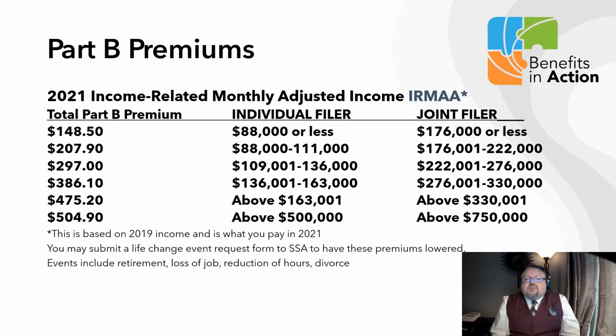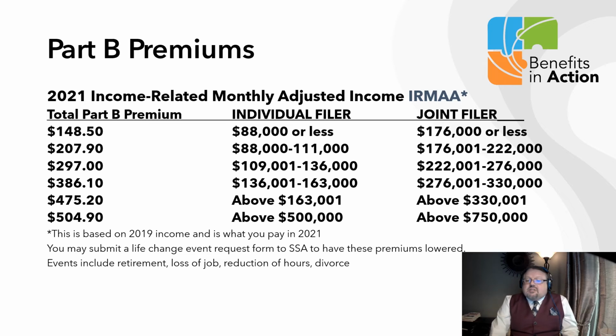Part B premiums really start at $148.50 this year, but they can go up based upon your income. They use a 2-year look back. So this year's premiums are based on your income from 2 years prior, your 2019 income tax return.